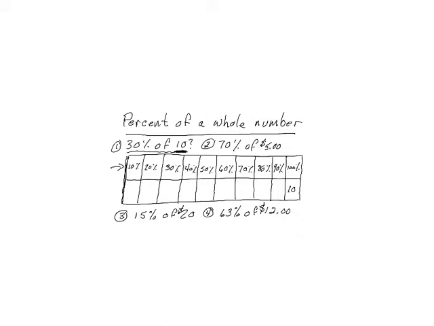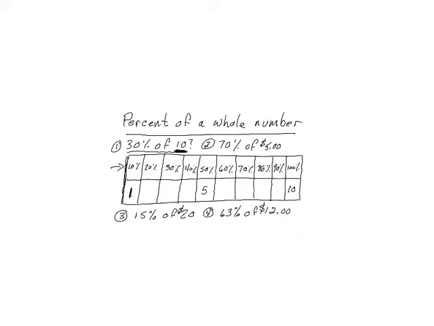We just want to find out what is 30% of that. And what's half of 10? That would be 5, so we can write 5 in here. And 10% of 10 is basically just 10 divided by 10, which is 1.